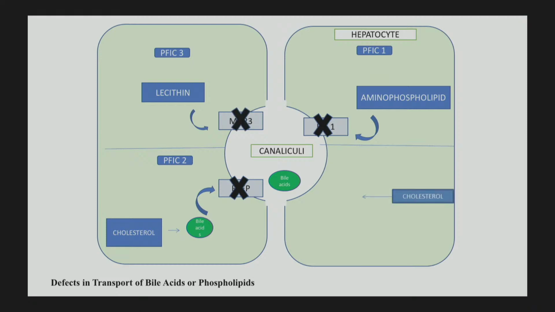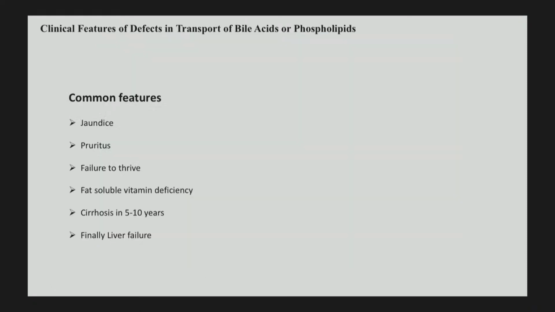Along with this, we also have new types of PFIC where FXR has been identified as one of the contributing factors, where a homozygous loss of FXR can also lead to a type of PFIC. And TJP2, the gene encoding tight junction protein 2, also leads to another new type of PFIC which has been identified.